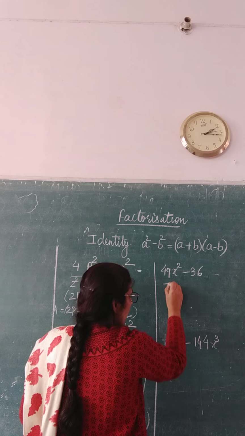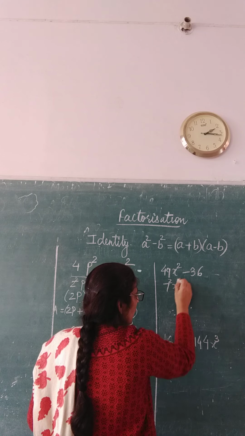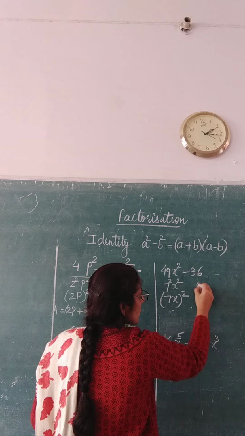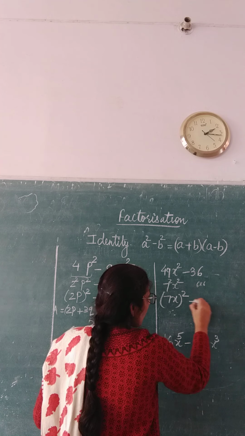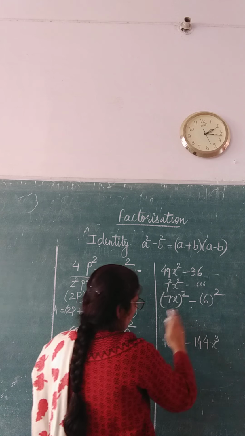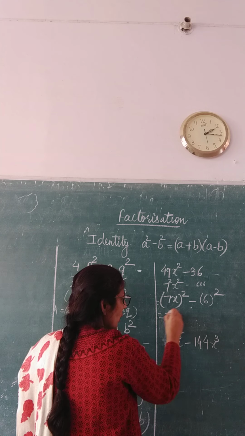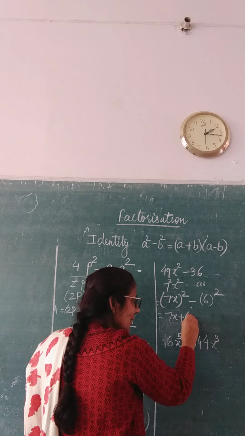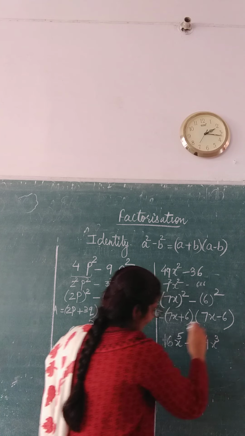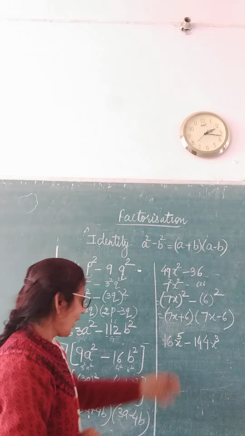So 7 square x square means (7x) whole square, minus 6 square. So what will be its factors? 7x plus 6 and 7x minus 6. Got it?